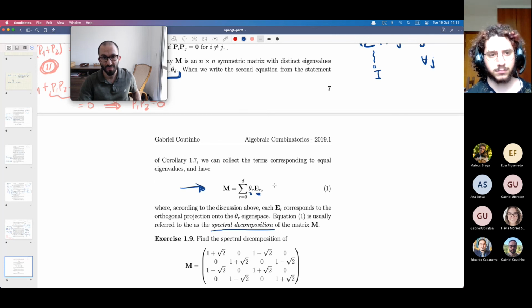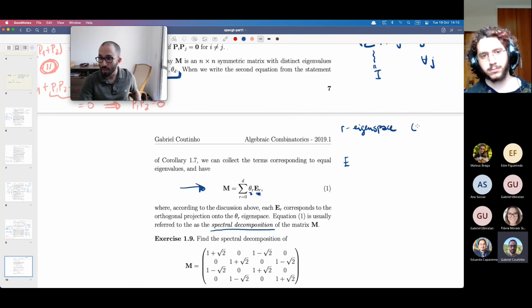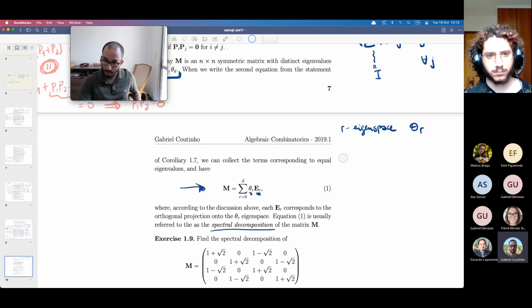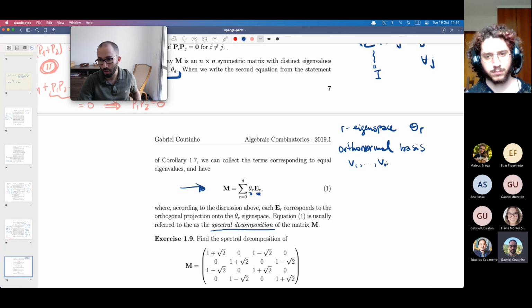Okay, so each one of these, let's say the rth eigenspace has eigenvalue theta r. Let's say that this eigenspace has an orthonormal basis, v1 all the way up to vk.